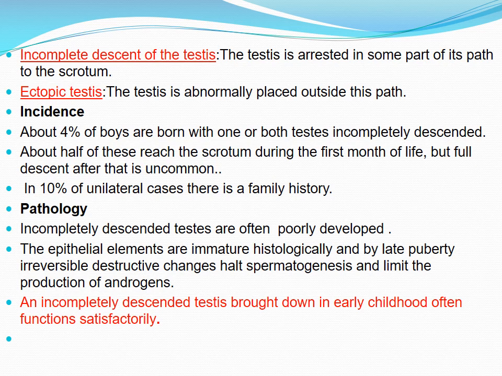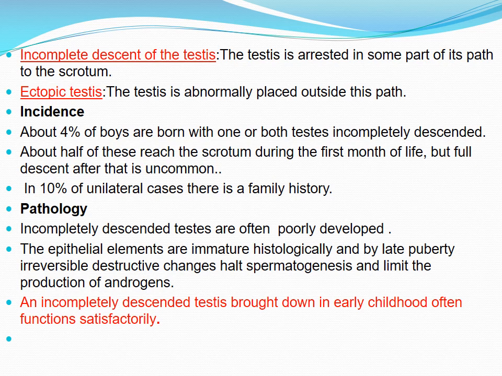While in ectopic testis, the testis is abnormally placed outside this path, either at the root of the penis, sometimes the perineum, or the inguinal region, any area away from the normal path. Now the incidence of incomplete descent of the testis, undescended testis.